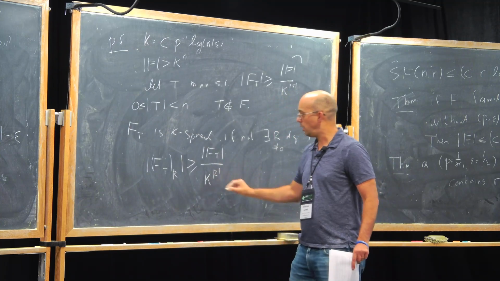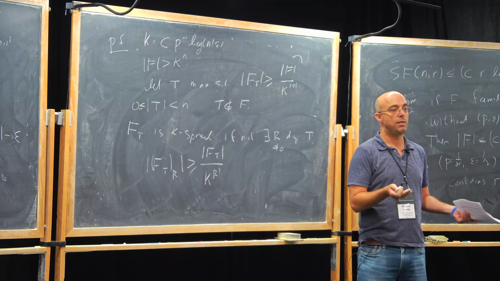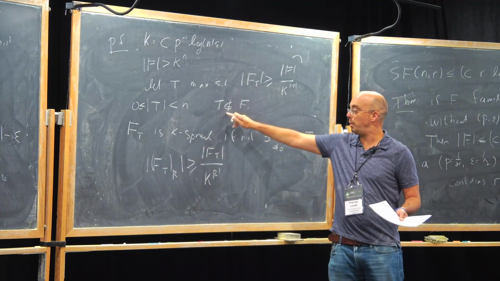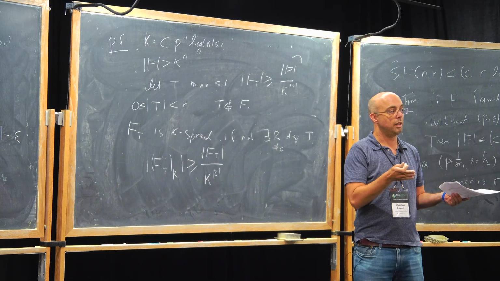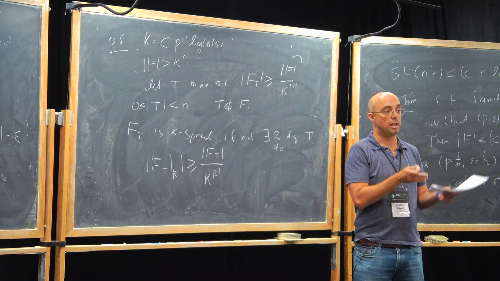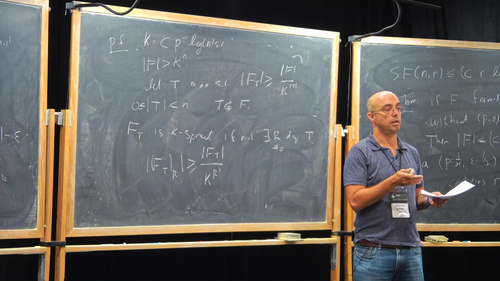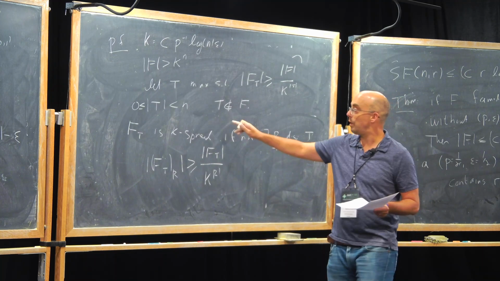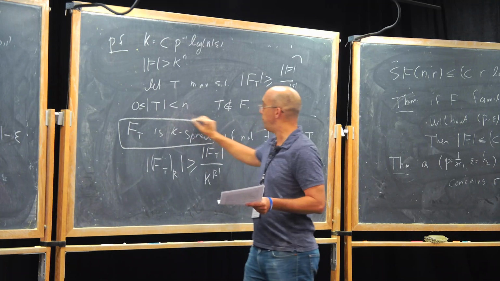This would be the definition of not being spread. There is a link that's too big. But if there is a link that's too big, then T cannot be maximal. You could have replaced T with T union R, because going to a T link, and inside that going to an R link, is the same as originally going to T union R as a link. So we get this link, and this link is now going to be k-spread.